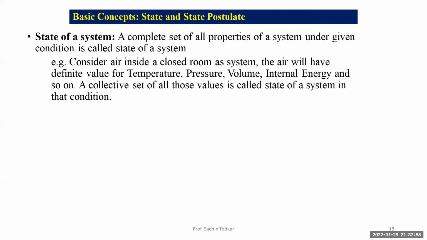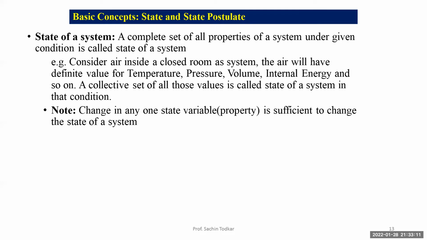A collective set of all those values is called the state of a system in that condition. Now if there is a slight change in temperature or pressure, then that state will change. So change in one state variable, that is property, is sufficient to change the state of a system.